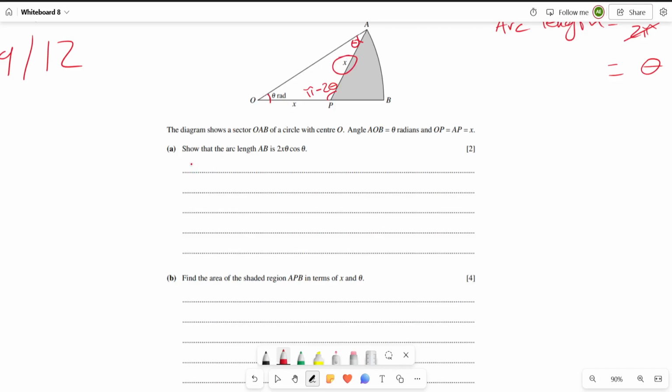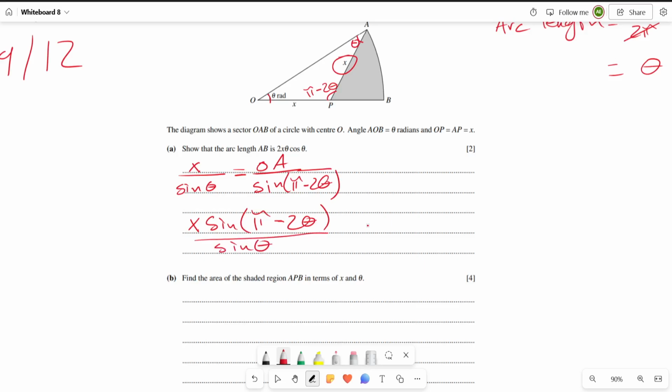This side, x, over sine of the angle opposite to it, so sine theta, is going to equal this side, which is basically OA, over sine of the angle opposite to it, so sine of pi minus 2 theta. So if I want to find OA, it's basically going to be x times sine of pi minus 2 theta over sine theta, and this is going to give me OA.